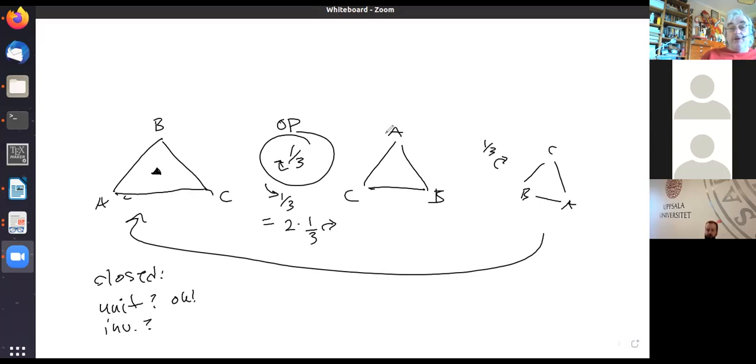If we take, for example, this object constructed by the operation by rotating the initial object 1/3, yes. Can you get back to this one? Yeah, why not? Either you say that you rotate back, or you rotate 2 times. So then we will have the unit element. So this is a mathematical group.